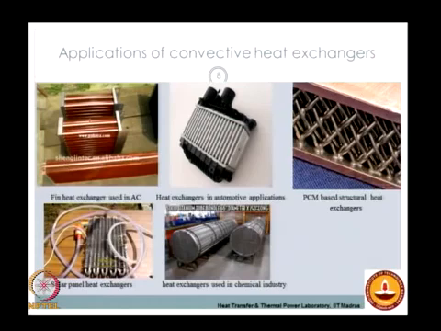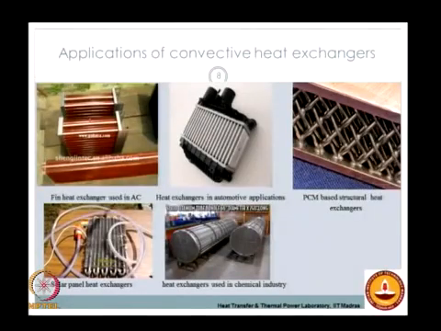So having defined your wall heat flux and the heat transfer coefficient for convective heat transfer, let us look at some of the applications of convective heat transport. Typically wherever you encounter heat exchangers where the heat is transferred between two moving fluids, you are talking about convective heat transport.